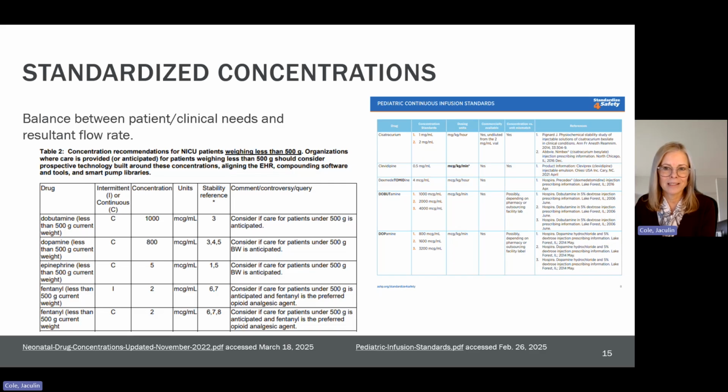And I really like the statement that the Vermont Oxford Neonatal Network includes at the top of their table 2, which reads, "Organizations where care is provided or anticipated for patients weighing less than 500 grams should consider prospective technology built around these concentrations, aligning the EHR, compounding software and tools, and smart pump libraries." And I feel that this is intended to encourage practitioners to implement strategies that support the clinician's ease of use when selecting a concentration.